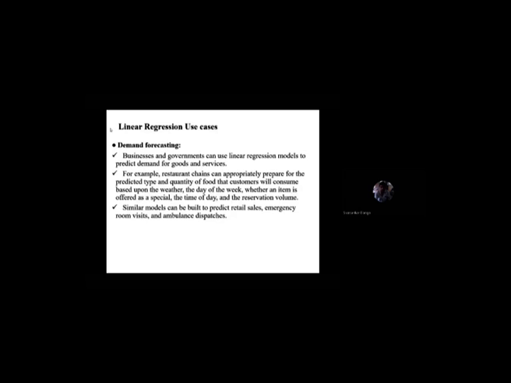And whether a particular item is offered as a special, the time of the day where you are likely to have more people visiting the restaurant, and the reservation volume, you can build models to predict the sales of a particular product in a restaurant.